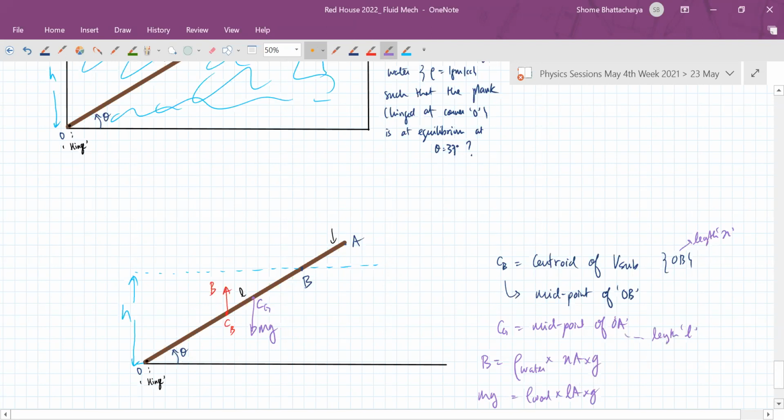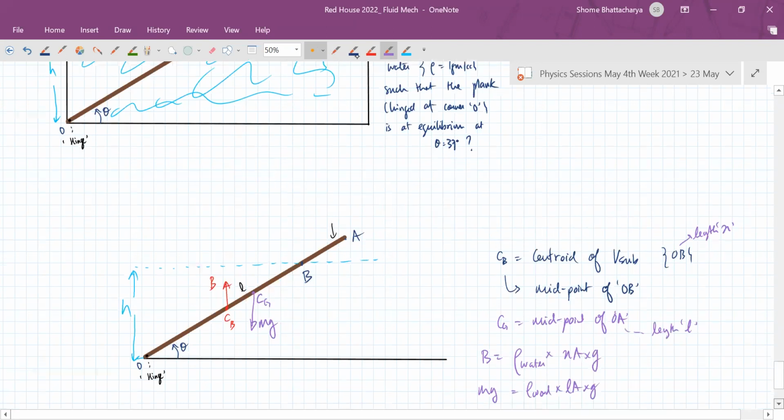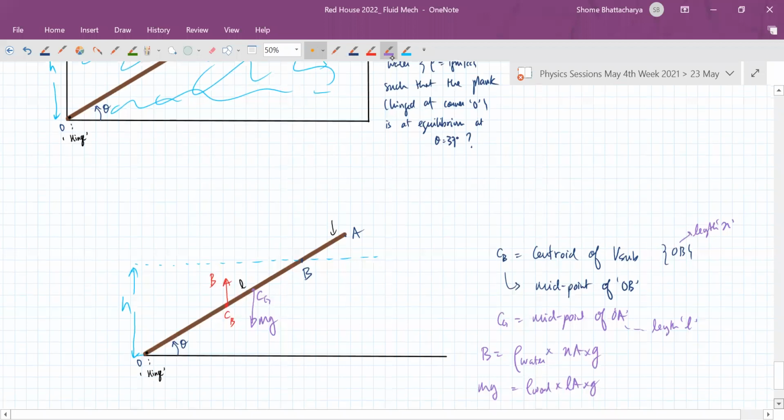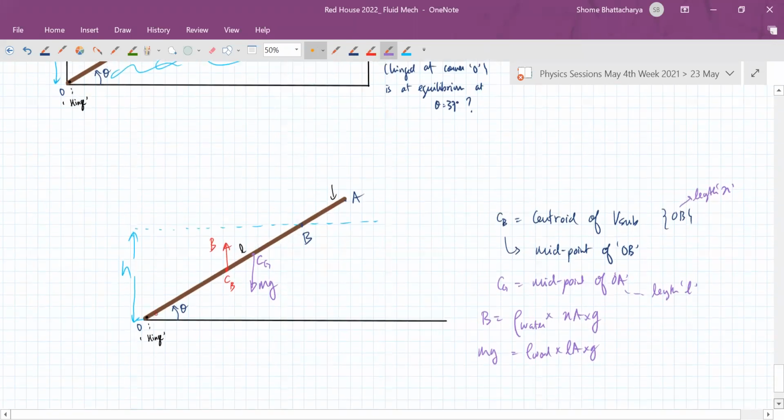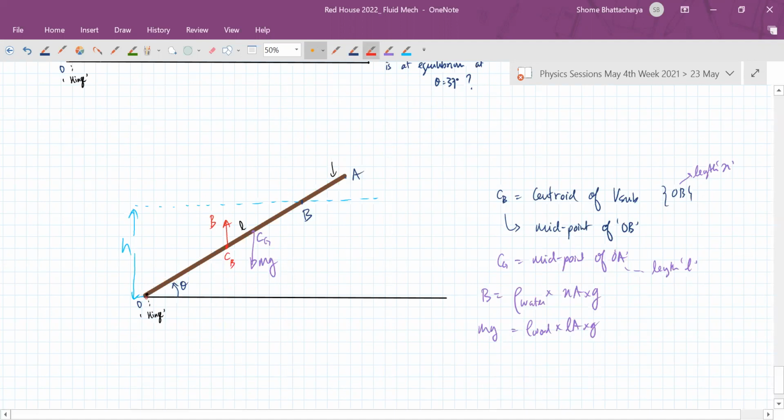So now all you have to do is balance the torque. And of course, in this case, we will see that the buoyant force will probably exceed the weight. So there'll be some reaction force also acting at the hinge, which will be like this. Buoyancy will be creating this kind of torque. Gravity will be creating this type of torque. And the two should cancel.